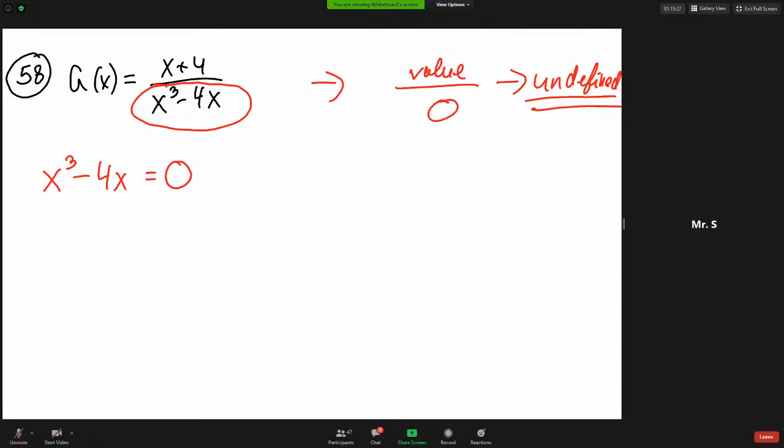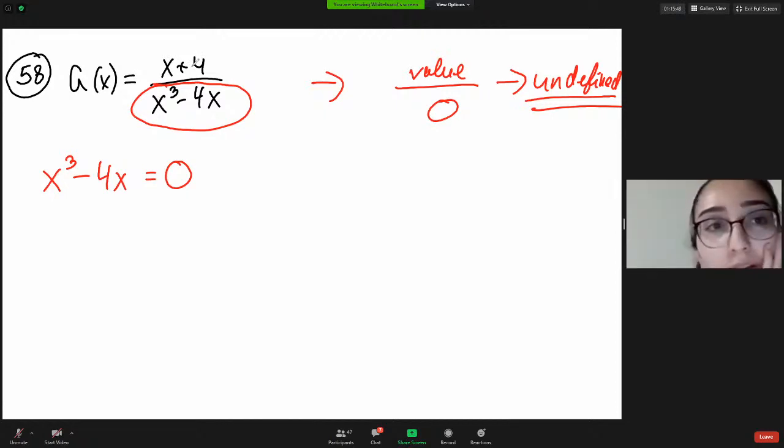Our domain tells us that we cannot have values that we're plugging in and we get undefined. That was part of the definition for domain. So we have to figure out what values give us undefined, and we'll have to exclude them. And to get those values, we have to solve this equation. Do you guys remember how to solve this? Yes. So what do?